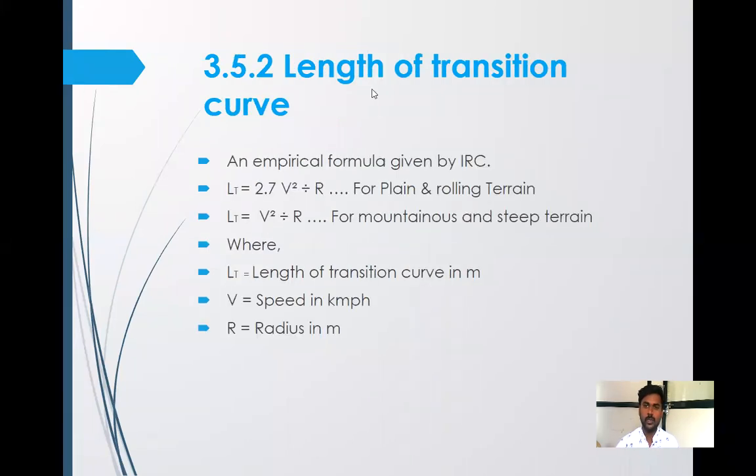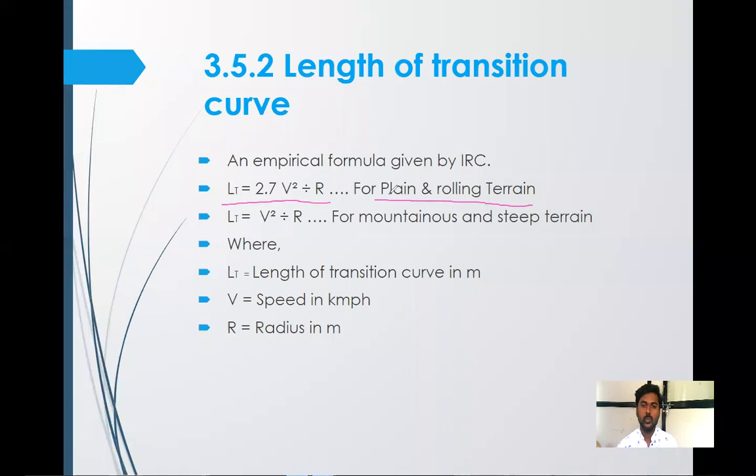Out of these formulae, I think you have written this formula. The length of the transition curve given by the empirical formula for plane and rolling terrain is 2.7 V cubed by R, and for the mountainous region or steep terrain, it is V cubed by R. These two formulae for calculating the length of the transition curve are the empirical formulae given by the IRC.